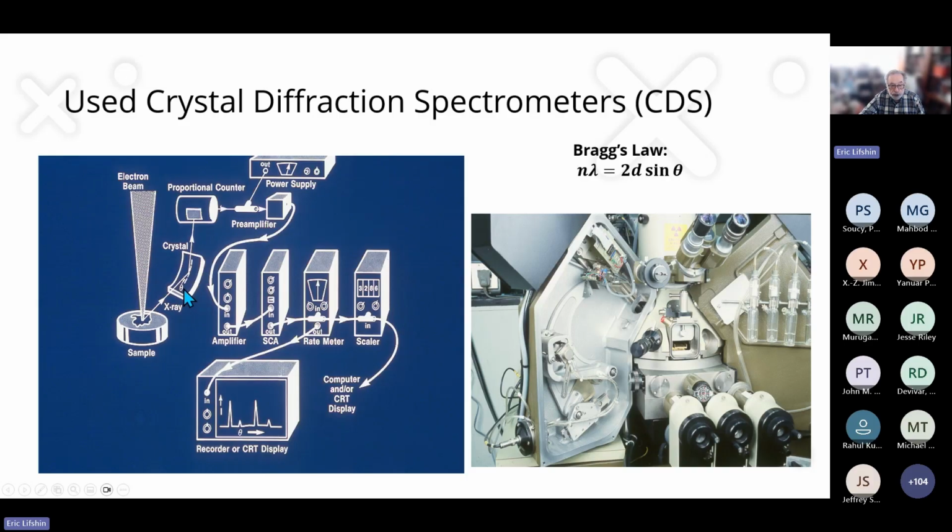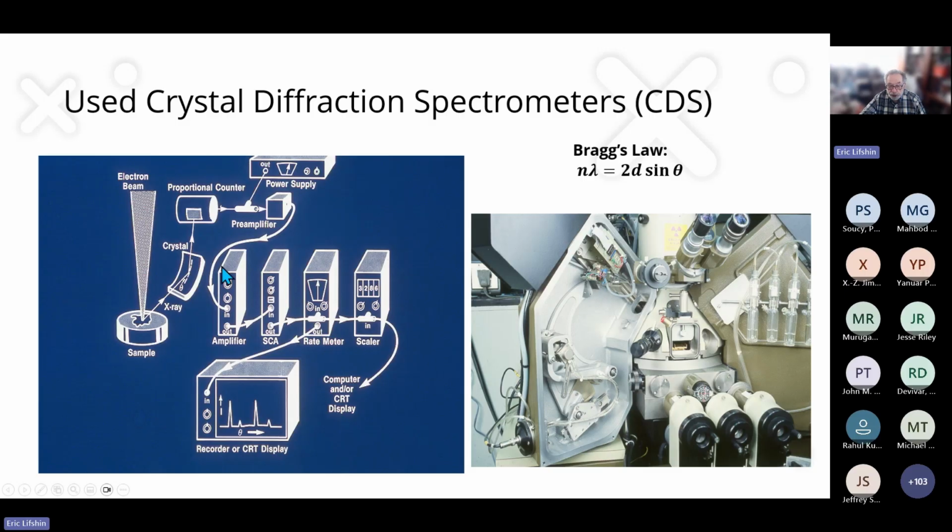What you do is scan theta and collect any X-rays that are reflected. Then you have to go into all this electronics over here. Basically, your results show up as a plot of intensity versus Bragg angle, or in most spectrometers, which are called linear spectrometers, intensity versus the position of the analyzing crystal, which is moved linearly outward.